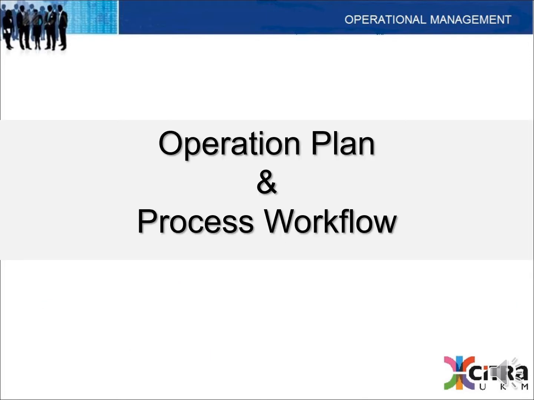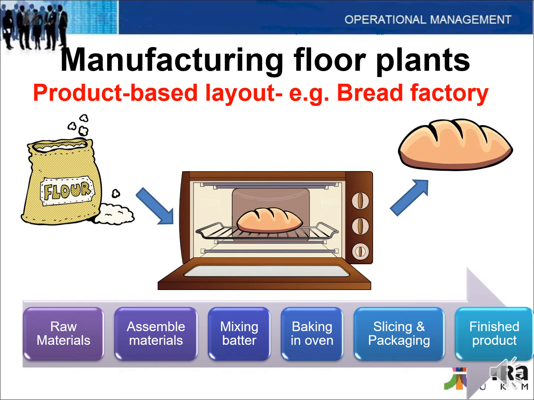So we go for operational plan and process workflow. So this is part of the processes, the process of the product. I put an example of the processes to produce a product. So this is the bread. Okay, in order for you to have a bread, you need to have your raw materials.